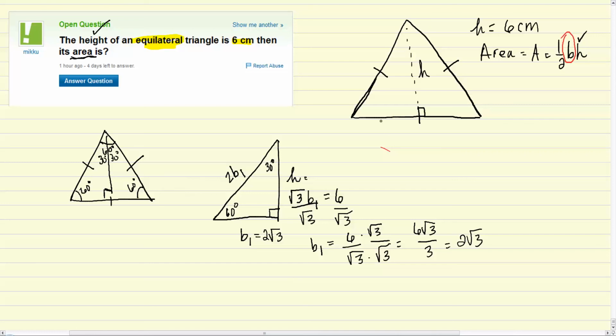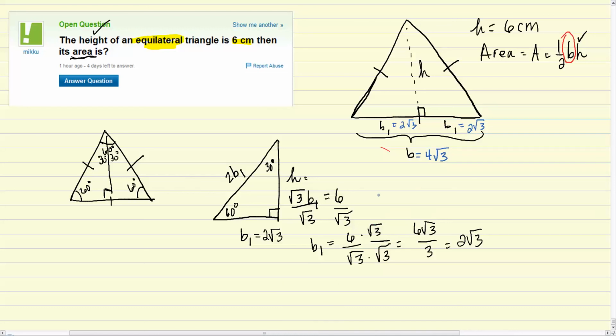And I called this one B1, and this one is also B1, because the whole thing is going to be B. So if this guy here is 2 square root of 3, B is going to be 4 square root of 3.